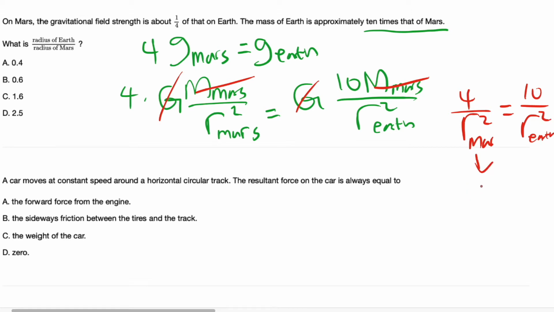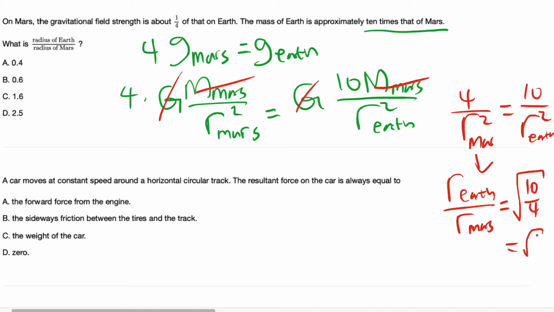And from this we can solve for r Earth over r Mars, which is approximately equal to the square root of 10 over 4, which is equal to the square root of 5 over 2, which is approximately equal to 1.6. So C is the answer.